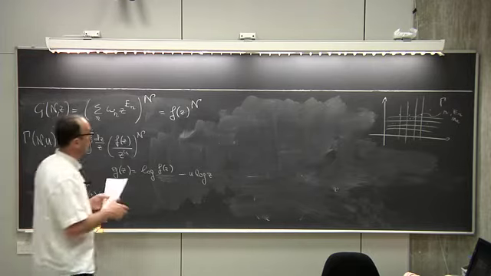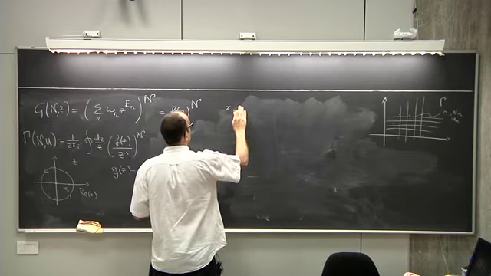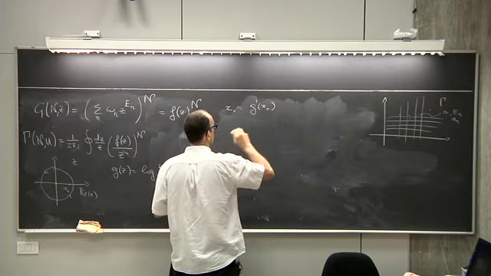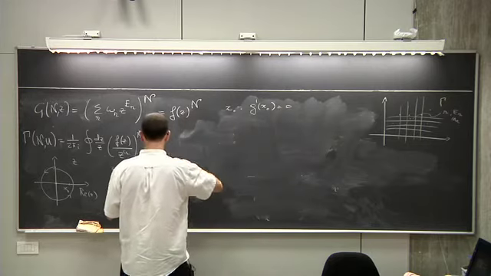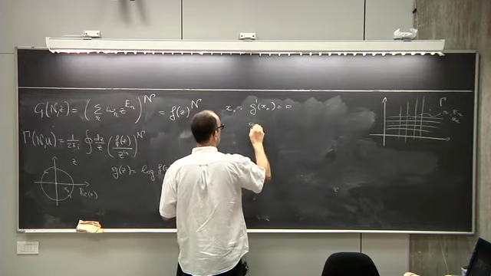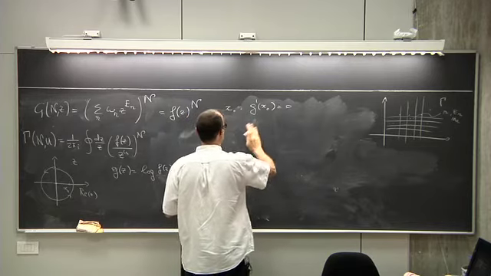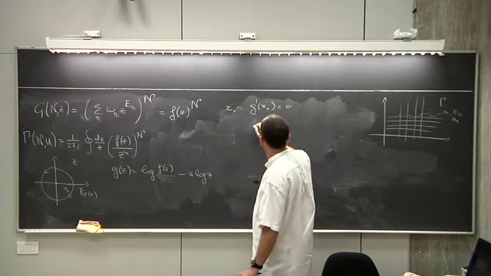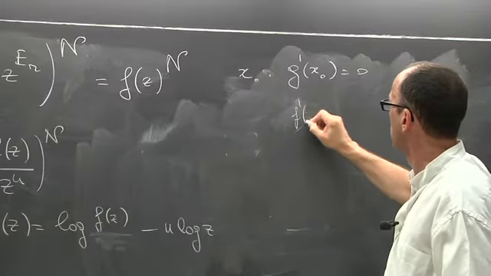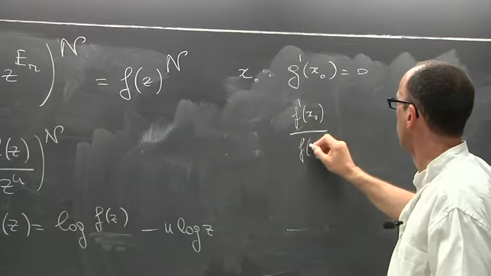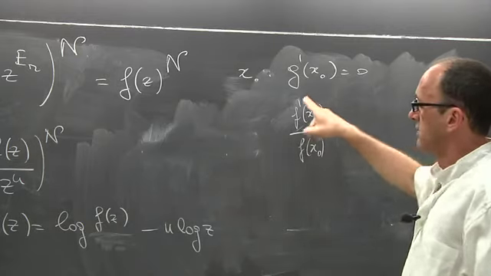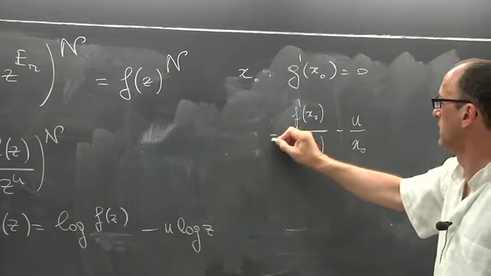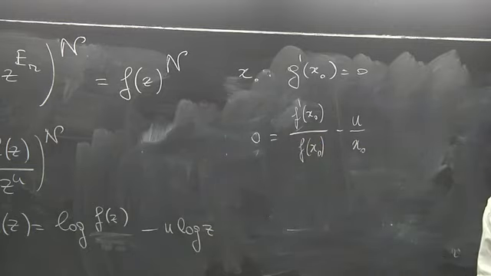Now, the point x0 will satisfy the condition that g prime computed in x0 must be equal to 0. And g prime of x0 is the log of f, so f prime of x0 divided by f of x0 minus u times x0. So this is the equation for x0.